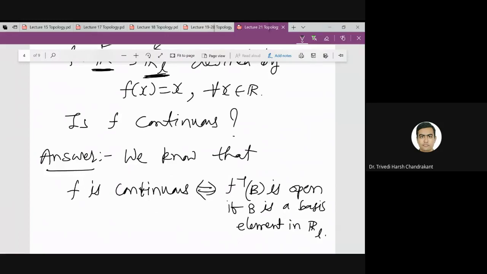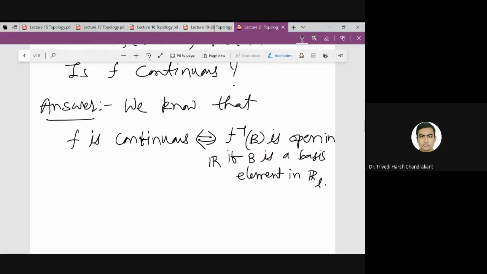Here open means open in R, because the domain is R and RL is the codomain. We know the basis of RL is of the form closed-open interval [a,b).